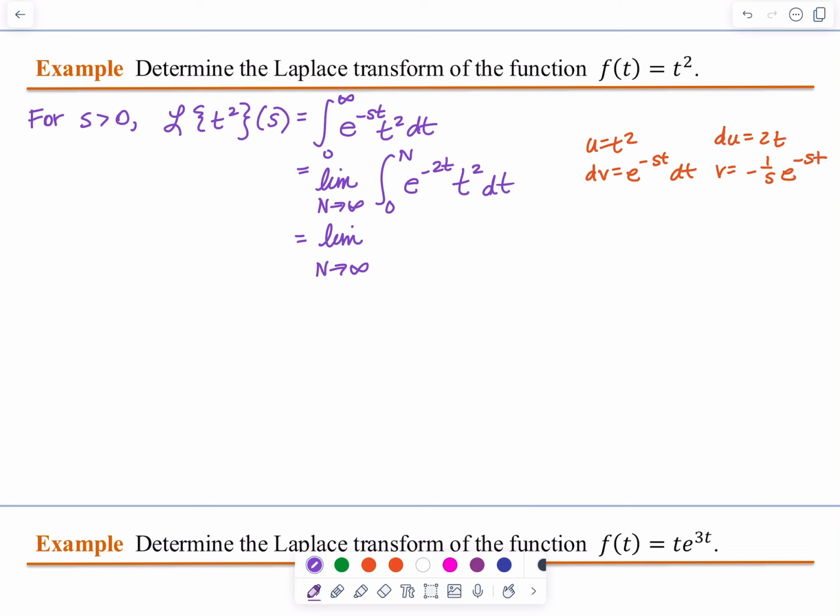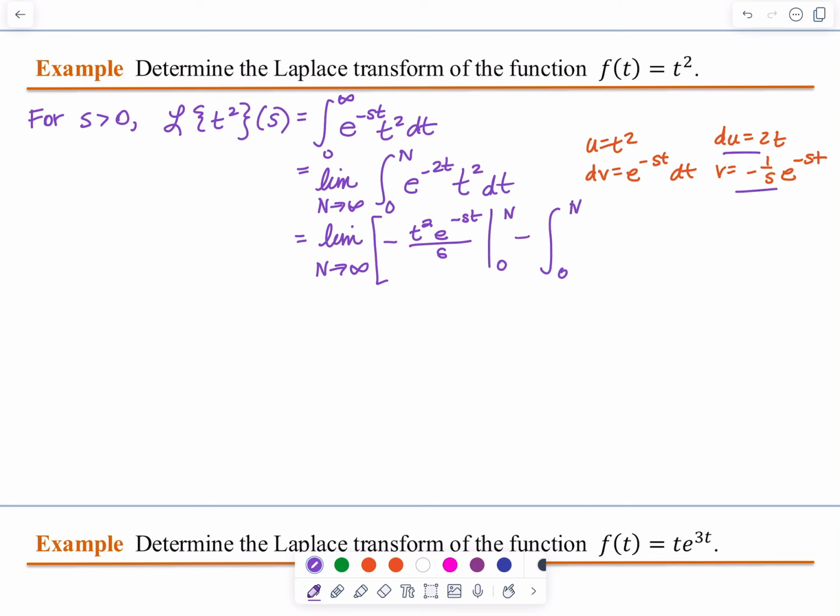So let's go ahead and fill this in. So that would be uv. So we'll have the opposite of t squared e to the negative st all over s. And we will stop and evaluate that from 0 to n. And of course, we still have this limit. And then we have minus the integral from 0 to n of v du.